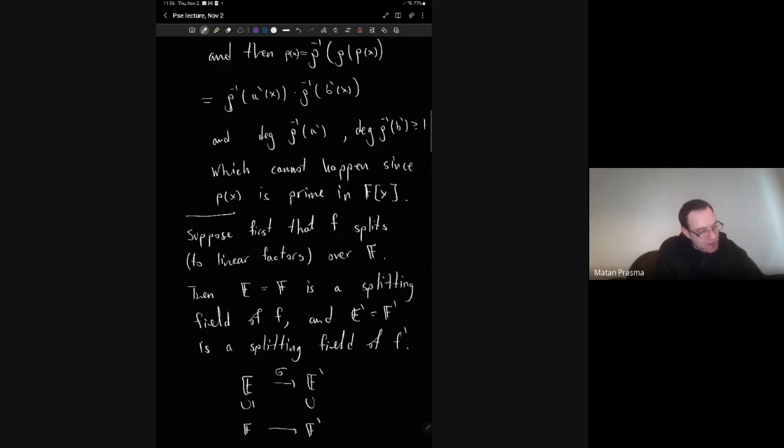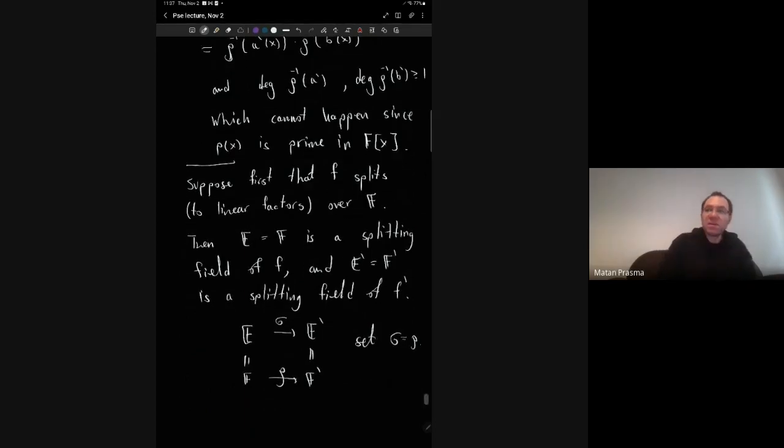But here, in fact, I have equality. So set sigma equals rho. And of course, sigma is an isomorphism of splitting fields.